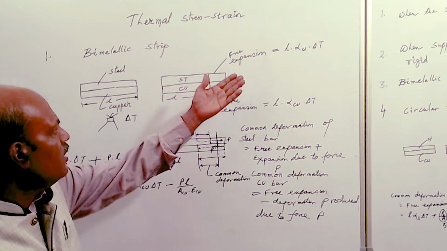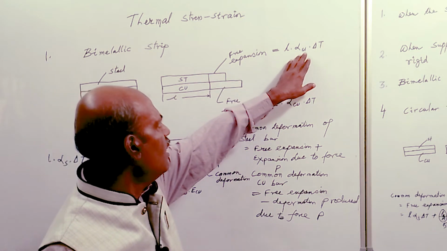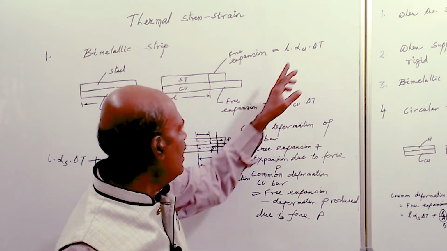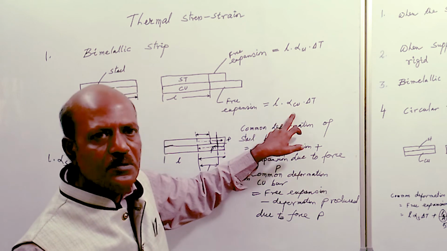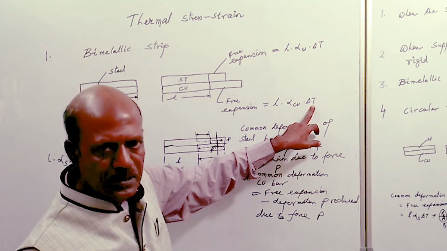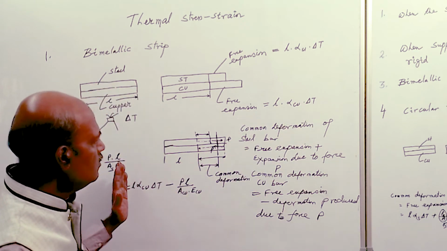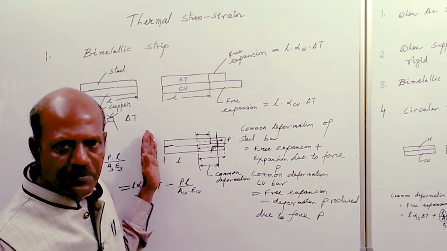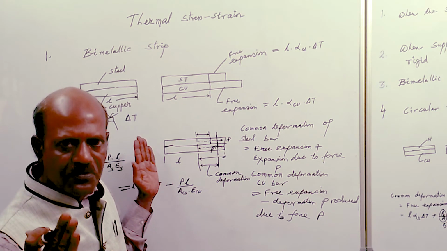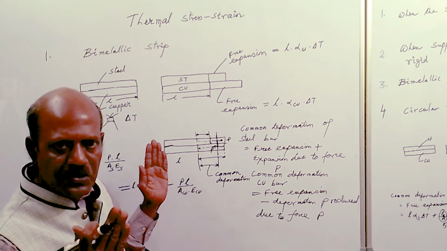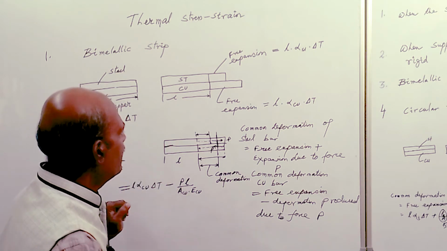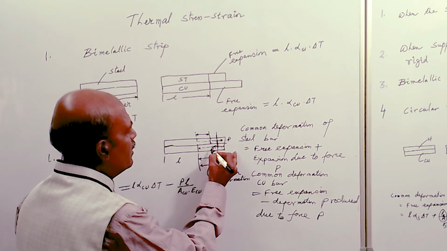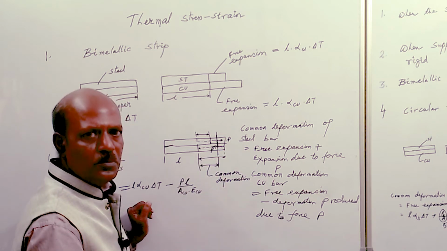Now the free expansion is calculated as L into alpha S into delta T for the steel bar, and L into alpha Cu into delta T for the copper bar. Now if the restriction is applied, meaning the ends are rigid, an intermediate force will develop in these two bars.